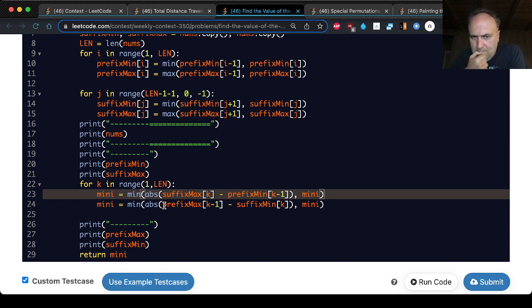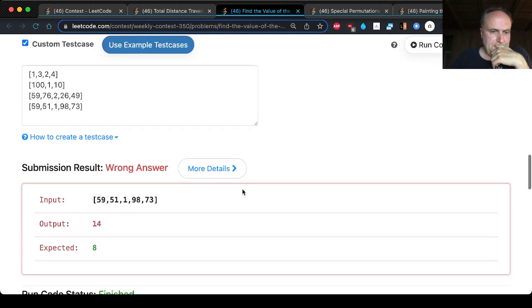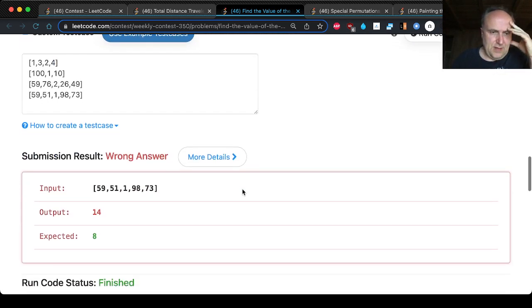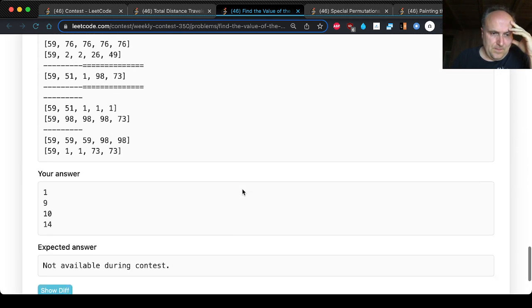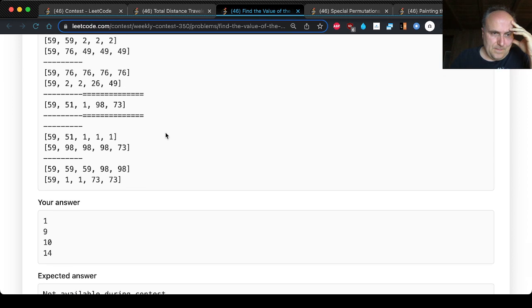So prefix min, so 59. No, it's suffix max.